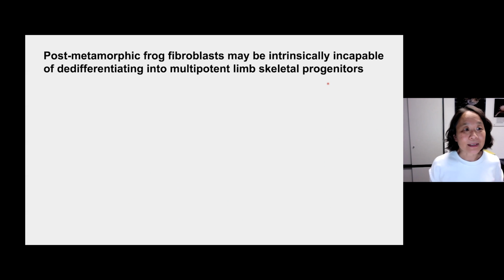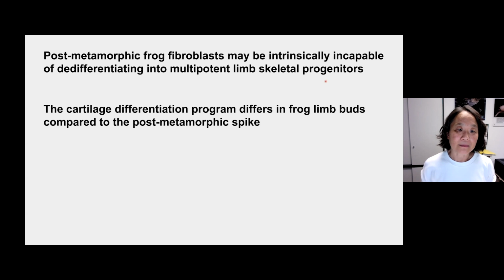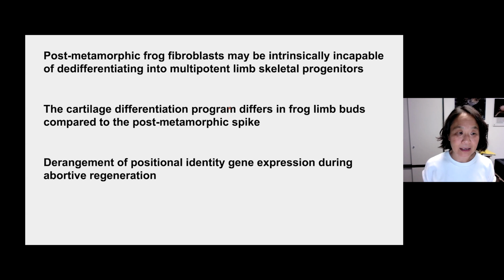So what this means is that we think that the post-metamorphic frog fibroblasts might be intrinsically incapable of de-differentiating into a multipotent limb skeletal progenitor cell that can regenerate an entire structure like a patterned limb. The cartilage differentiation program appears to differ in frog limb buds compared to the post-metamorphic spike.